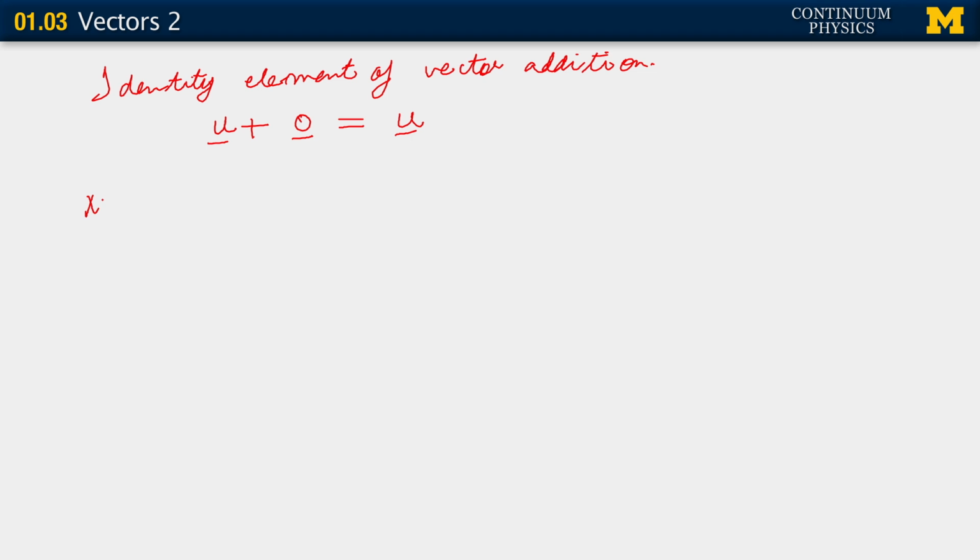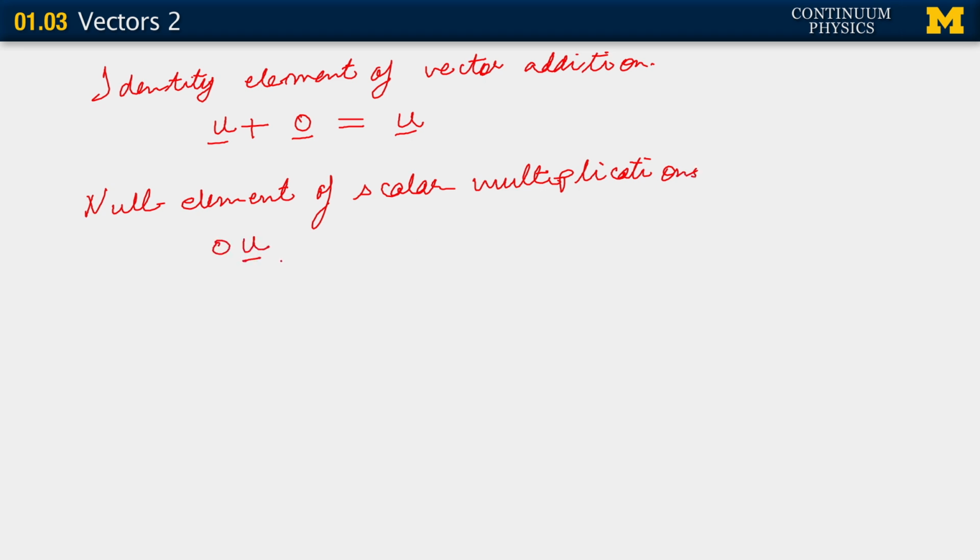And then we have the null element of scalar multiplication, which is the 0 scalar times a vector u equals the 0 vector, and the null element of vector addition.